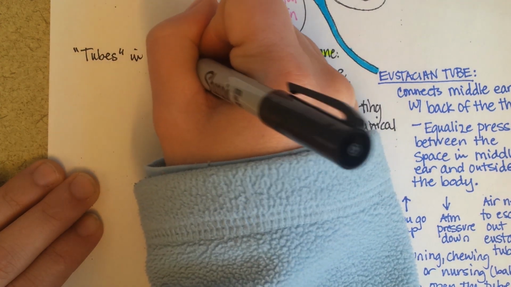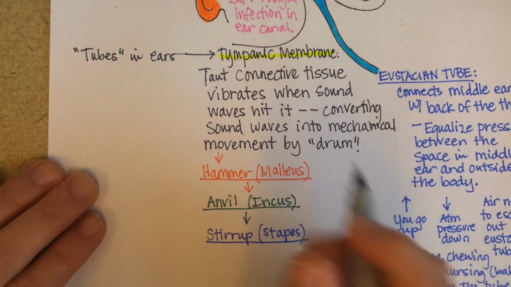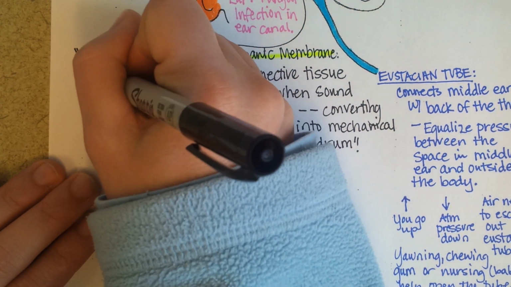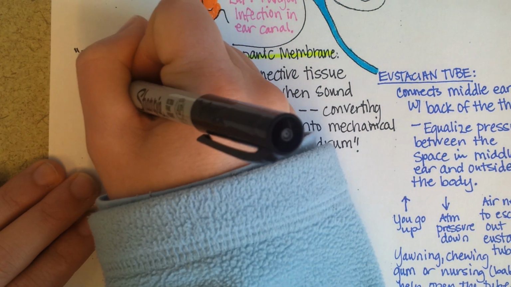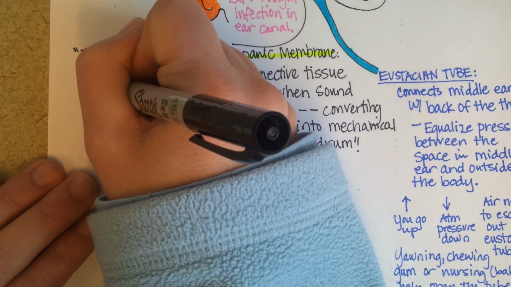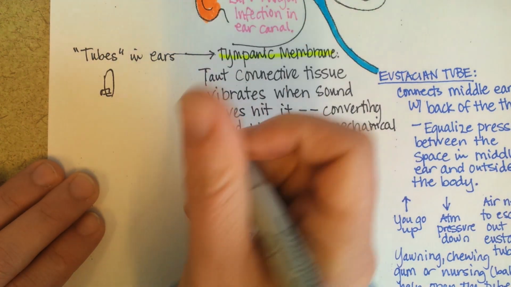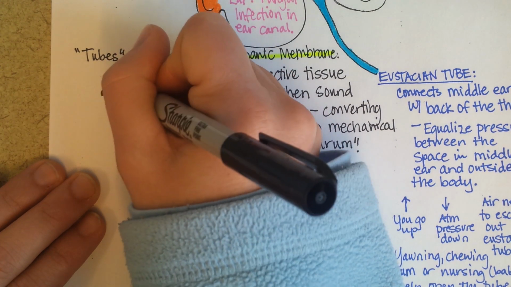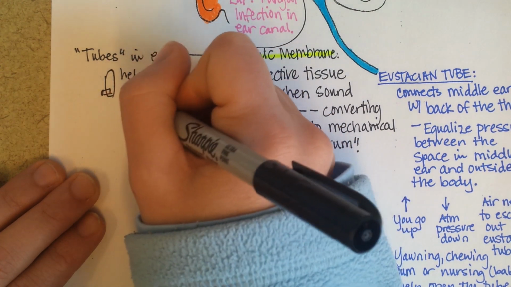If someone has tubes in the ears, what they mean is they put a little tube right through the tympanic membrane. So if this is the tympanic membrane, they put just a little tube right there, and that will equalize the pressure or allow drainage of pus.